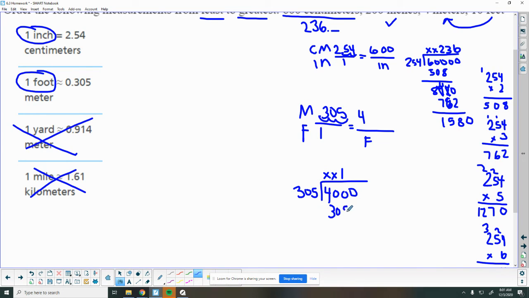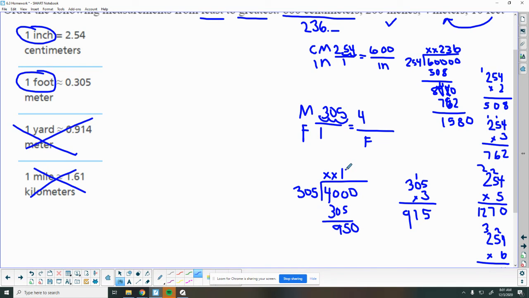So that was pretty easy math so far. 95 left. I'm thinking 3 goes in there about 3 times. So 305 times 3, 15, 1, and 9.